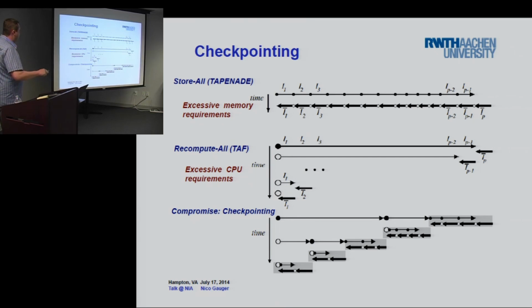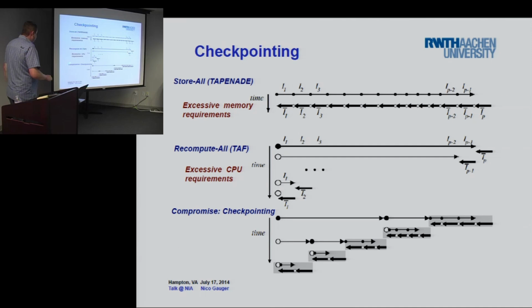So the store all is you really store alongside your physical time steps or your iterates G, however you view it. You store everywhere, and when you are then in the adjoint reverse trajectory, you can always read in the appropriate primal state needed, or previously states needed. Of course, this is excessive memory requirement.